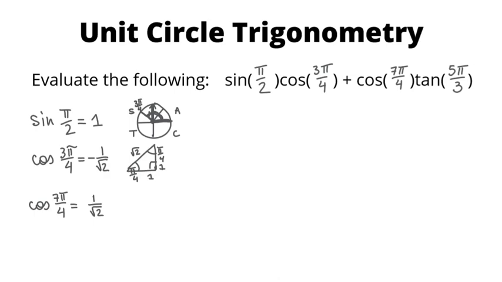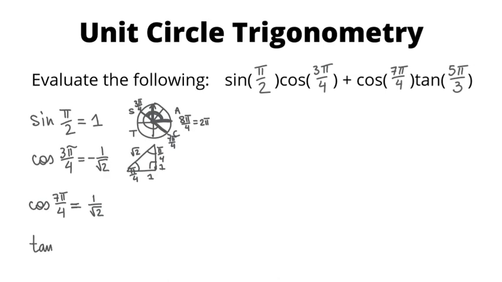A complete rotation will be 8 pi over 4, because 8 pi over 4 can be reduced to 2 pi. So 7 pi over 4 will be 1 pi over 4 less. So like this, 7 pi over 4 will fall into the fourth quadrant where cosine is positive. So that gives us positive 1 over square root of 2.